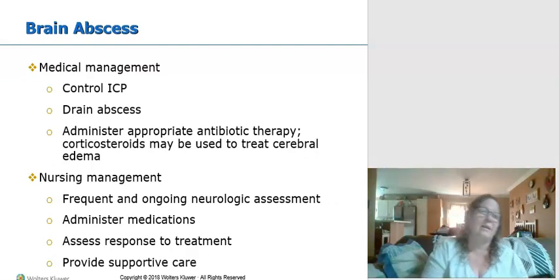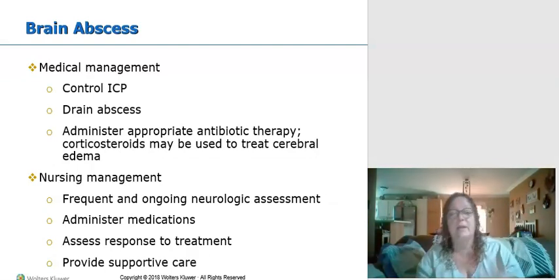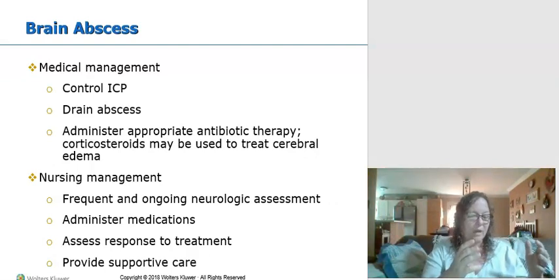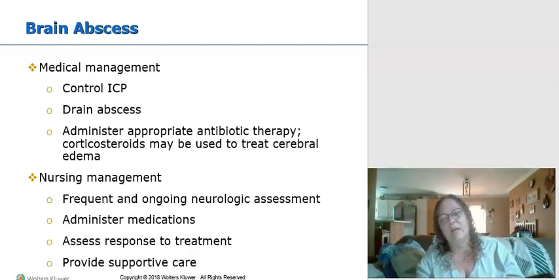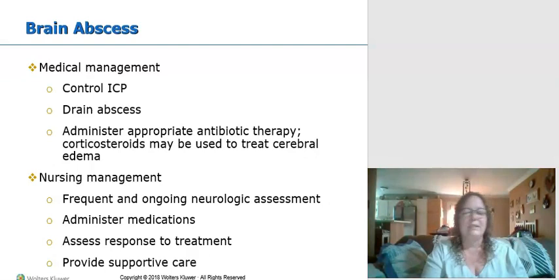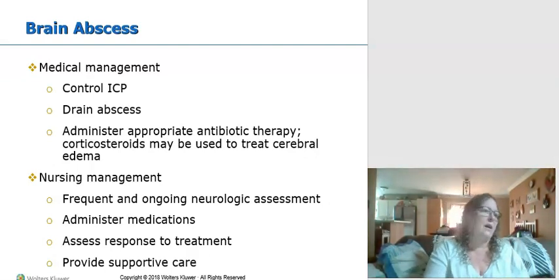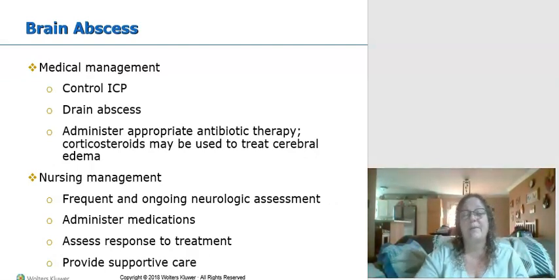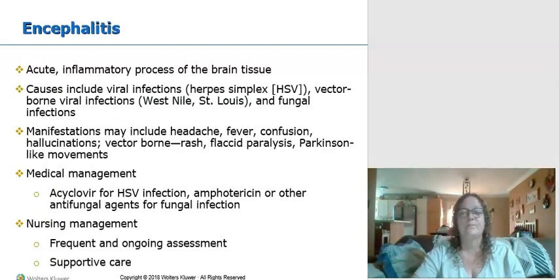So that's managing, are they getting better? And how would we assess that? Improving neurological status, decrease in white blood cells, absence of fever, right? And then provide supportive care to support any potential sequelae that come from this.